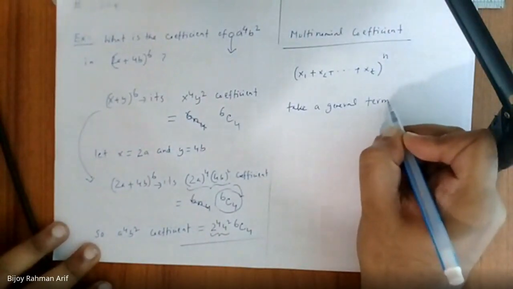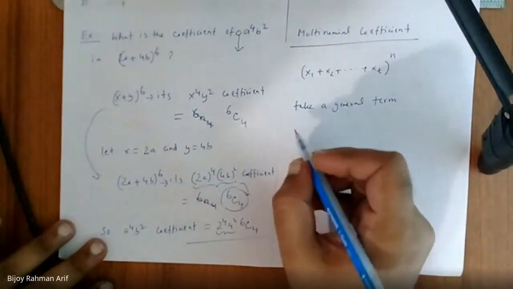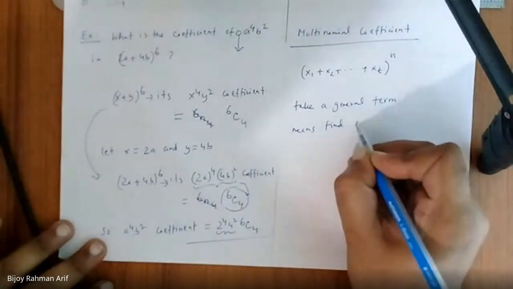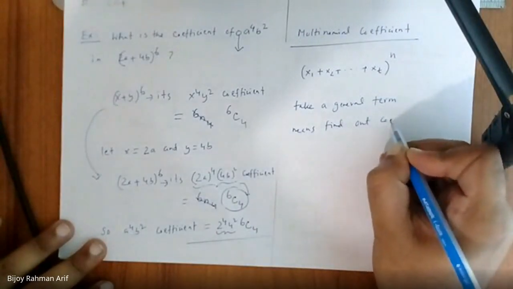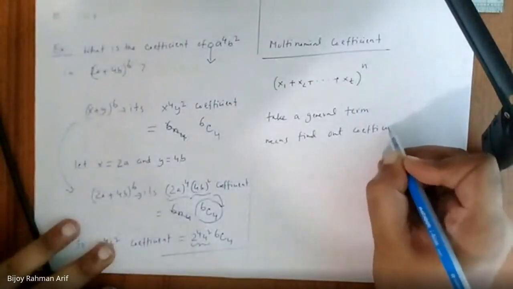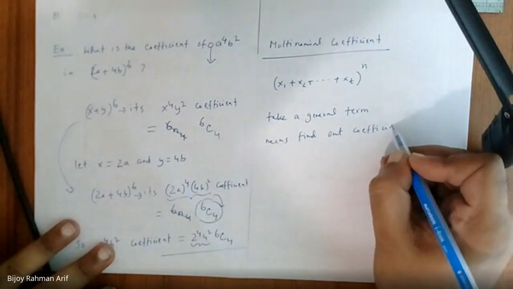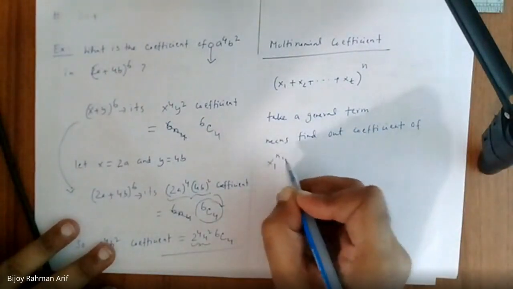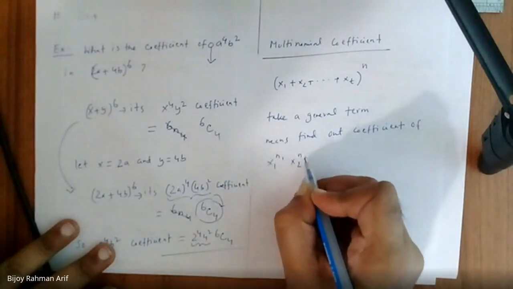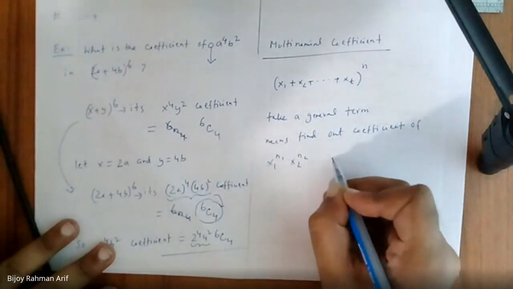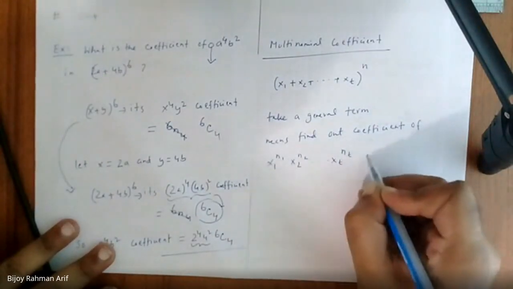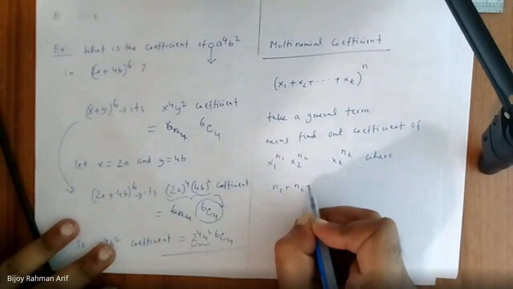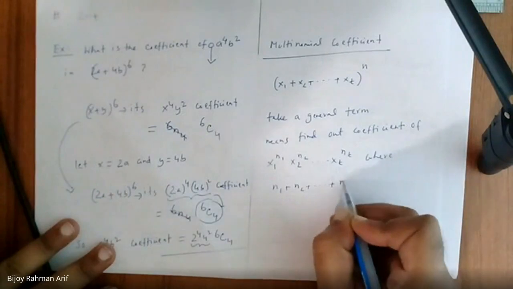Take a general term. That means find out the coefficient of x1^n1 x2^n2 dot dot dot xt^nt, where n1 + n2 + dot dot dot + nt is equal to n.